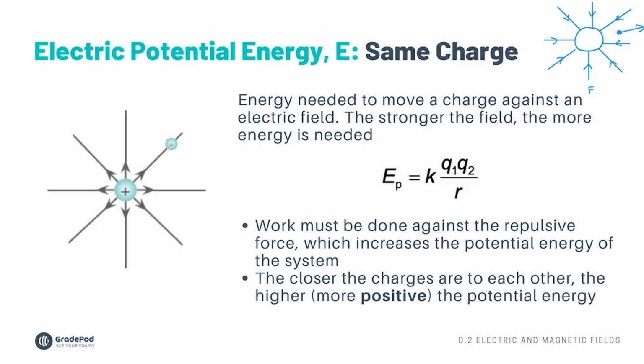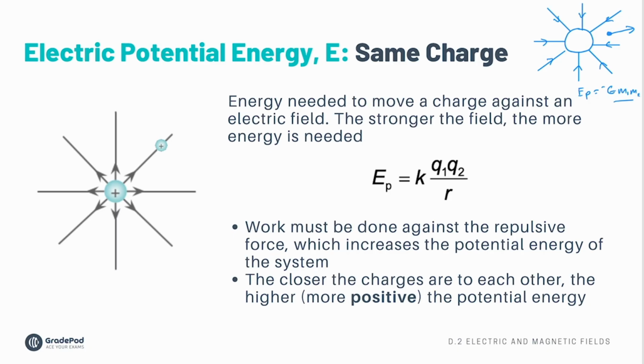And it was given the equation EP equals minus G m1 m2 over r. That minus was due to the fact that there was no potential energy at infinity. So we've reminded ourselves about gravitational potential energy. Let's look at electrical potential energy. And actually a slightly different situation, because we're looking at two charges that repel each other. They're like charges.